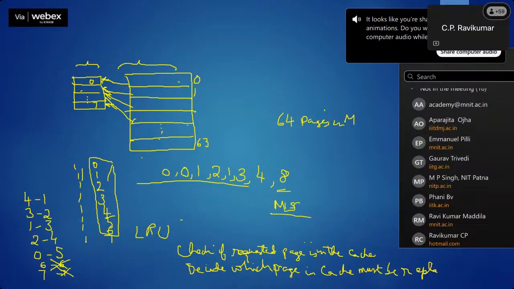We have to keep track of that, and when we decide to replace that particular cache page, then we have to write that page back to memory. So there are many such things that you have to take care of when you design a cache controller.